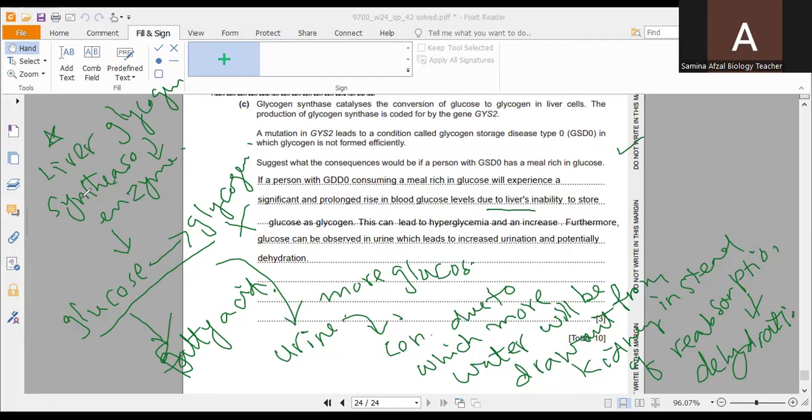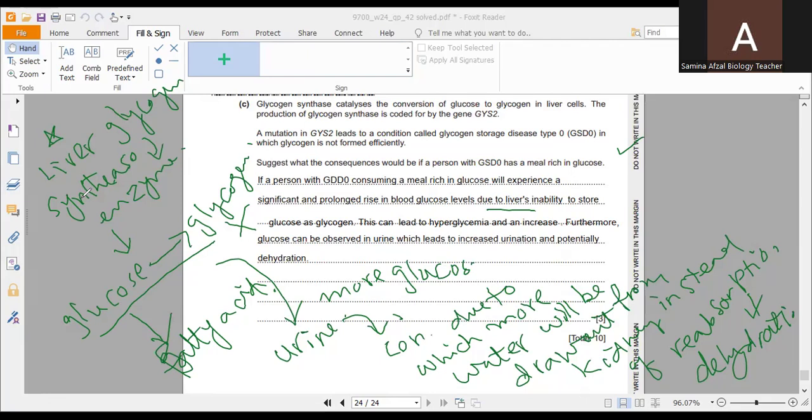So due to lack of that enzyme, the liver will be unable to change glucose into glycogen, and glucose will not be stored. Due to less storage, the glucose will go into the urine, or it will be changed into other products, that is fatty acids, which will increase the lipid concentration in the body.